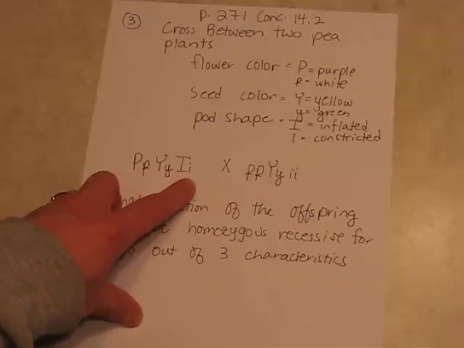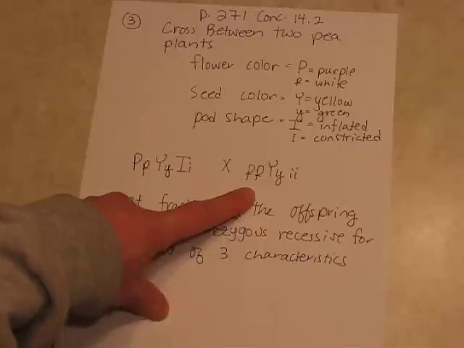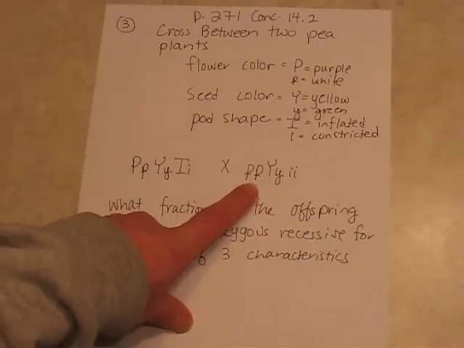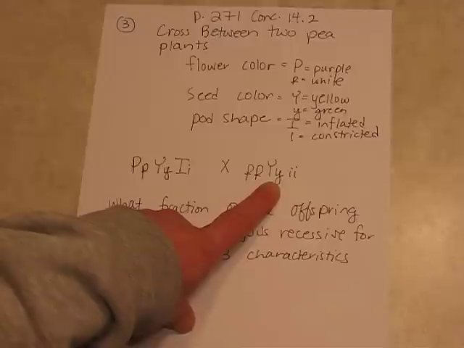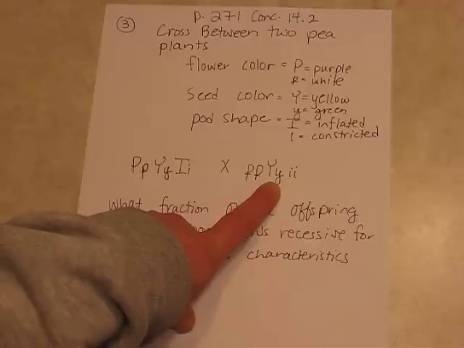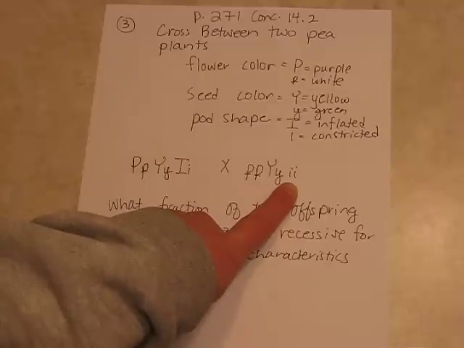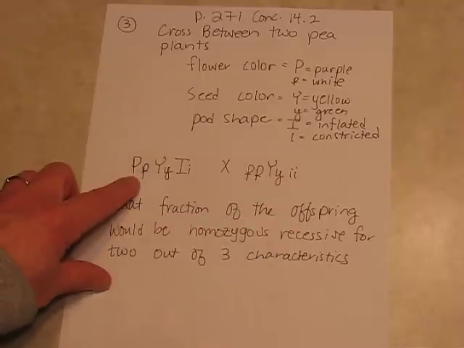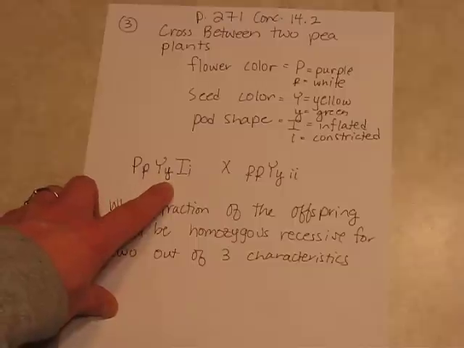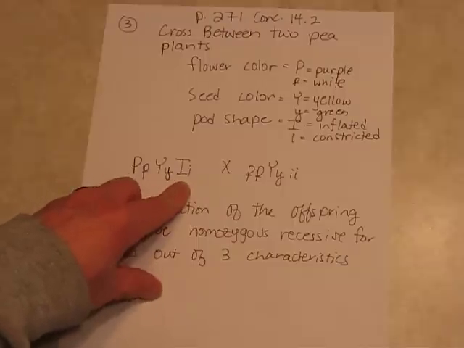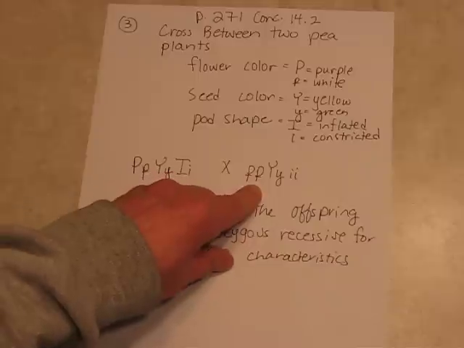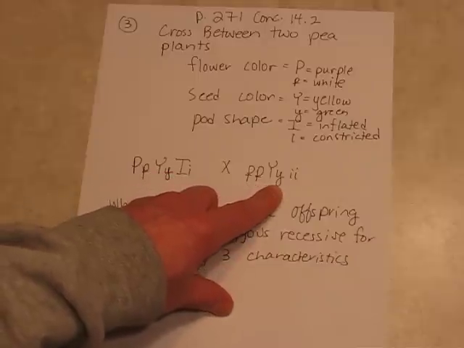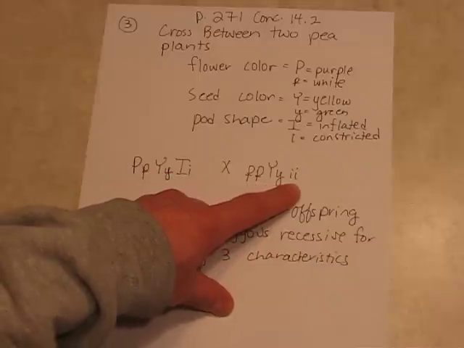And that's crossed with an individual that's homozygous recessive at flower color, so that would be a white flowered plant, with yellow seeds, which is heterozygous for seed color, and homozygous recessive for pod shape. So this plant would look like purple flowered, yellow seeds, inflated pods. This one would look like white flower, yellow seeds, constricted pods.